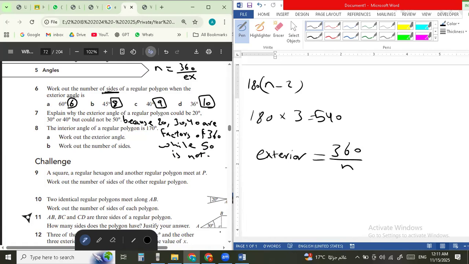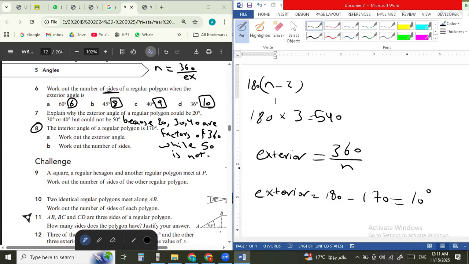The interior angle, question 8. The interior angle of a regular polygon is 170. Work out the exterior. We learned that the exterior equals 360 over n. Yes, but I don't have the number of sides now; they're telling me the interior. So it is 180 minus interior. They said it's 170, so it is 10 degrees.